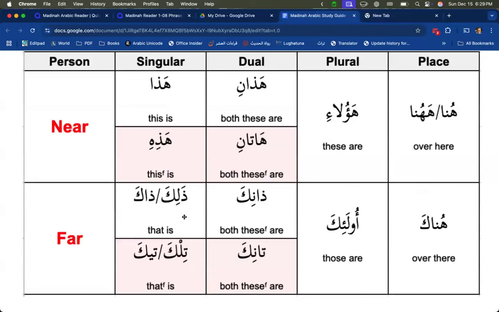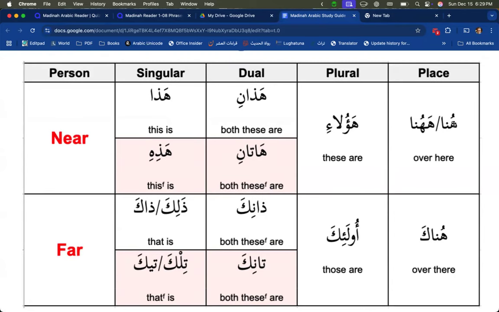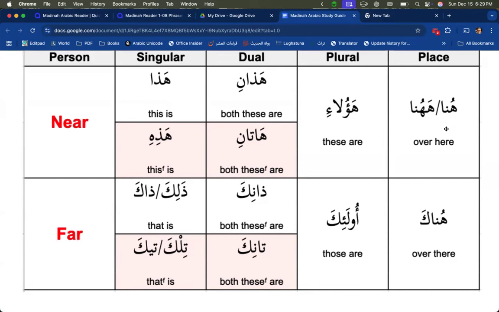So that is, or those are. Okay? أولئك على هدى من ربهم. Those are the people upon guidance from their Lord, right? And this really doesn't belong here, but I just put it there for kicks and giggles. Huna, here, hunaka, over there. Ha huna also means here, over here. Okay? All right.